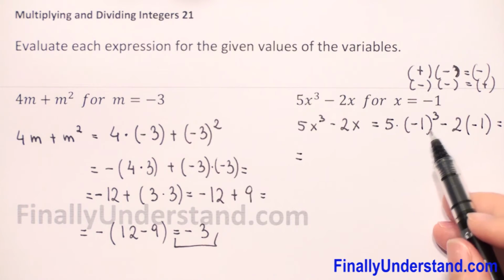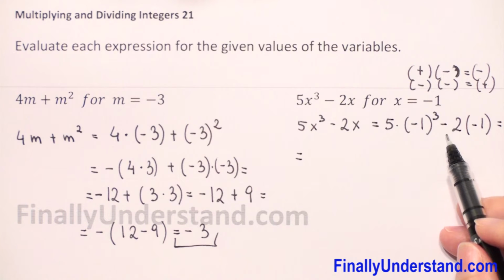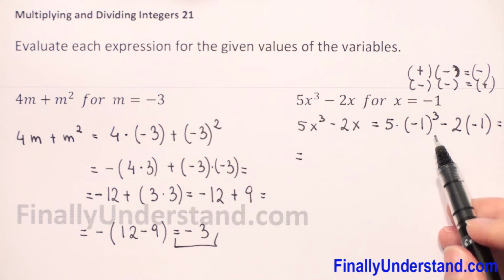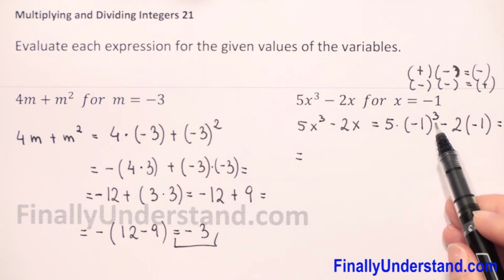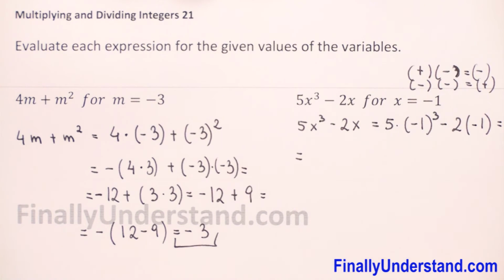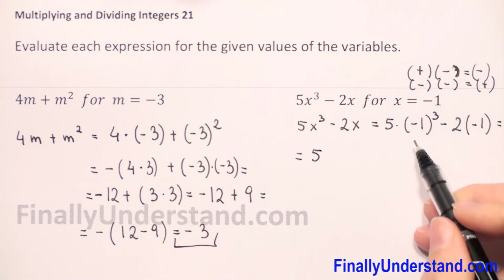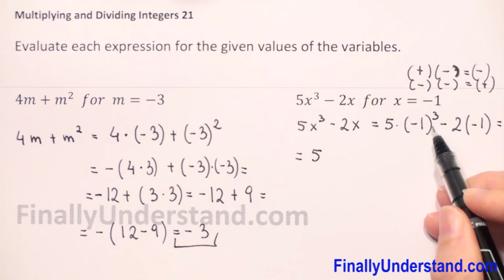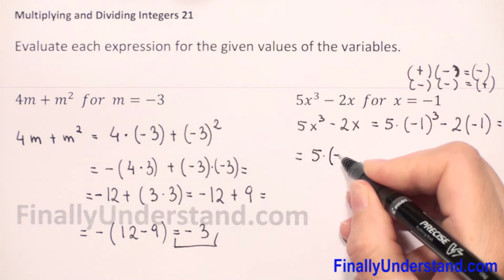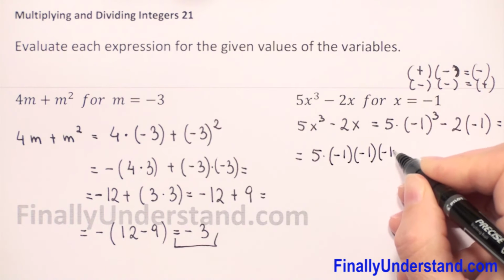We have power, we have multiplication, we have subtraction. The order of operations tells us that first we have to do the power, next multiplications, and at the end subtraction. So 5 we have to copy. We have -1 to the third power. So we can rewrite that this is -1 times -1 times -1.